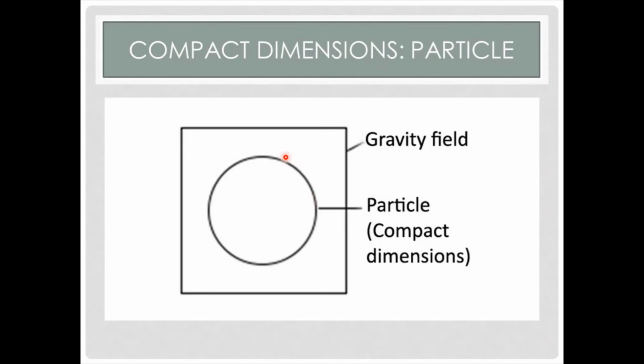If the compact dimensions are insulated from the gravity field, and space and time, then they can form this thermodynamic cycle without interference. And I represented the gravity field by a square, just to indicate that it fills space. So instead of 3 dimensions, it's represented in 2 dimensions.